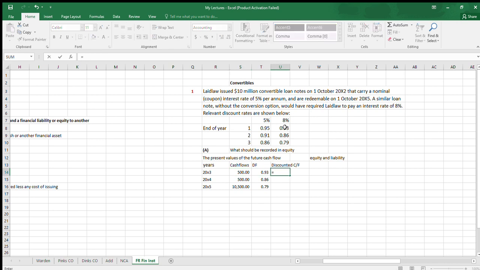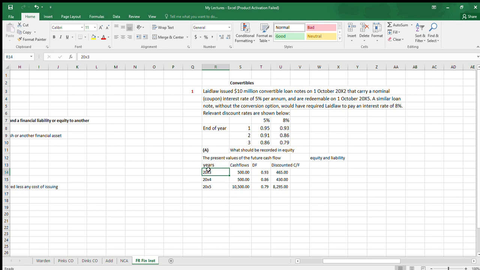So we just multiply the discount factor by the cash flows or the interest rate. So multiplying this, so 465, you drag it to the last year. Very simple.